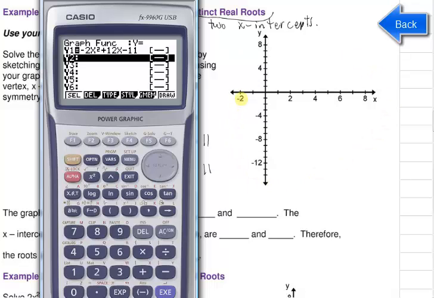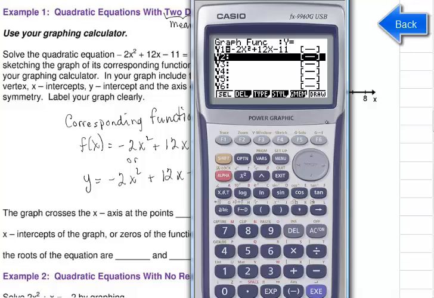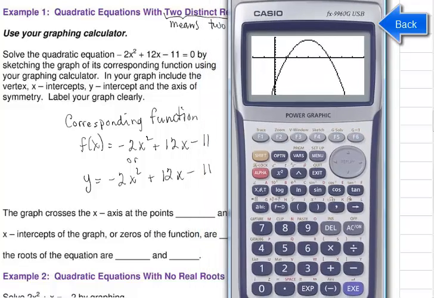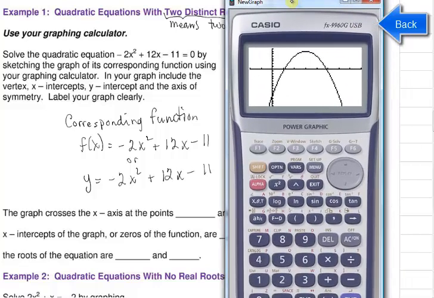So my x min is negative 2, my x max is 8, my y min I put at negative 15, you can go negative 14, and I put my y max in as 8. Okay, so I'm going to graph, and you should get something like this on your calculator. Now you've been asked to find several things.